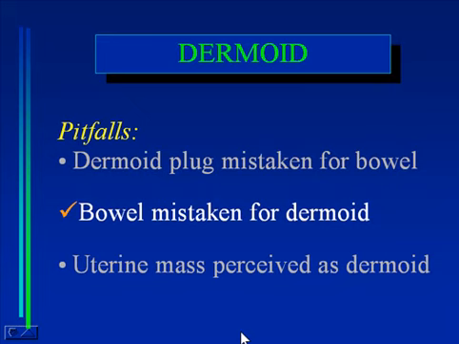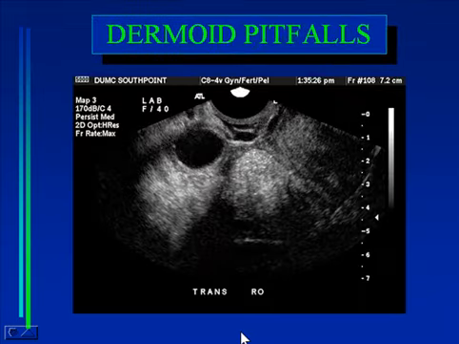Now, just as dermoid plugs can be mistaken for bowel, so can bowel be overcalled and mistaken for a dermoid. And this can happen both in the setting of a normal pelvis and normal bowel, as well as in the setting of bowel pathology. Here's an example of a patient who proved to be normal.